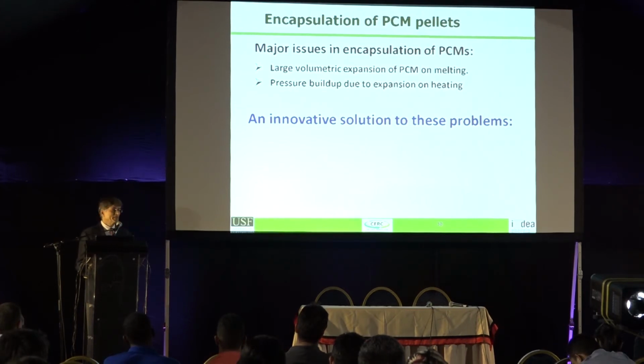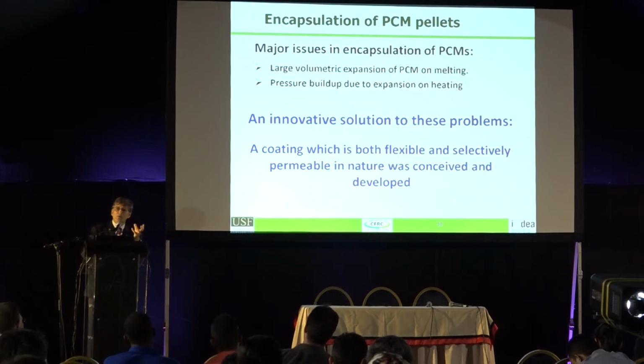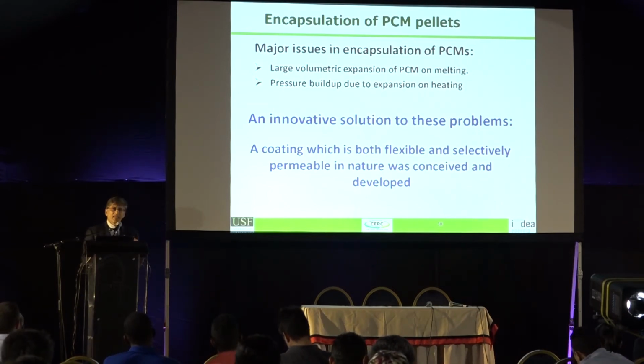So we came up with an innovative solution, and that was we applied a coating to this salt. We made a round pellet out of the salt and applied a coating which is flexible, and it has tiny pores so that any air inside, when you heat it, will move out.